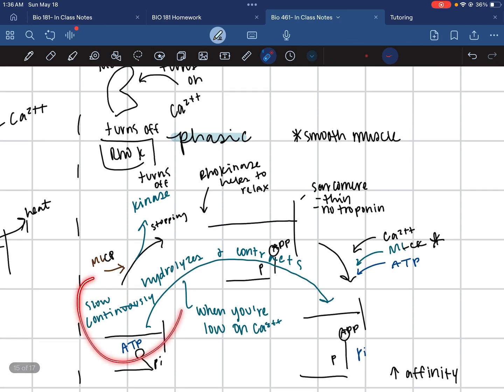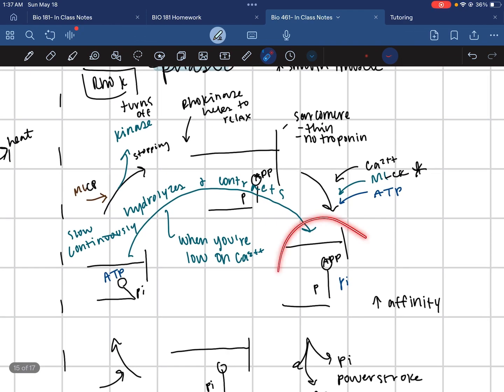So sometimes because of this, it'll just slowly continue, but it'll take its time and hydrolyze and contract and go straight over to the power stroke, the initiation of the cross bridge cycle, which is kind of nice because then you don't have to worry about ATP having to break into ADP and an inorganic phosphate.